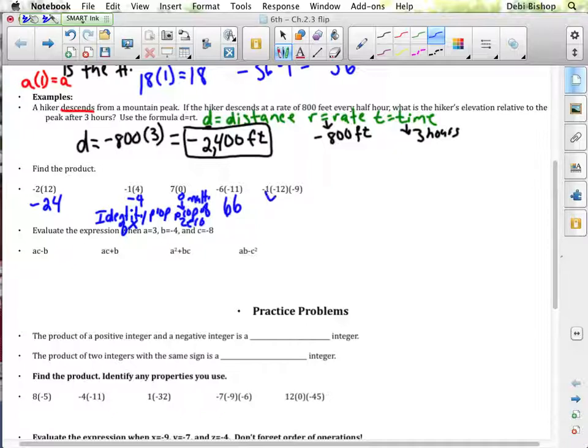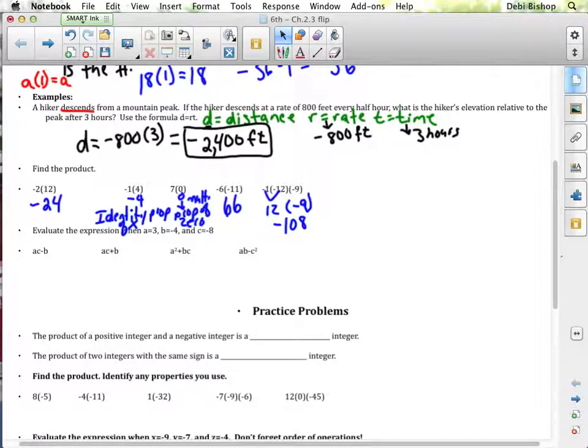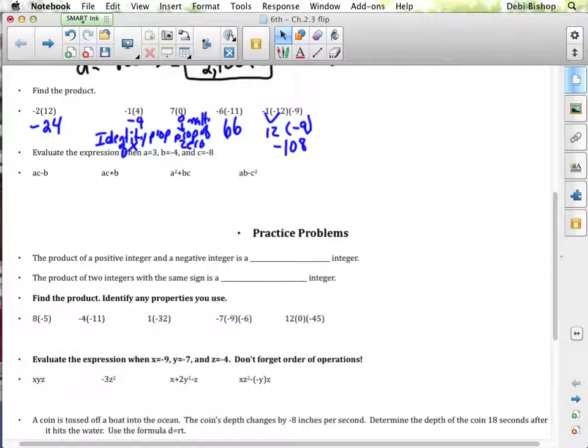Those are the same, so you get a positive 12 because of its identity property. And then you say positive 12 times a negative 9, and that gives you negative 108 because your signs are different.